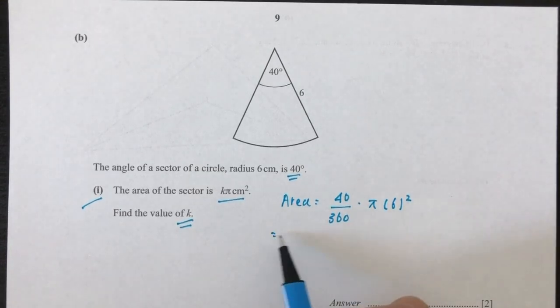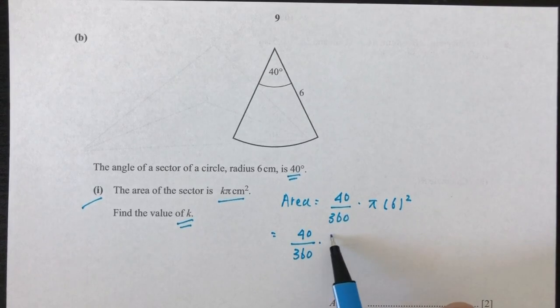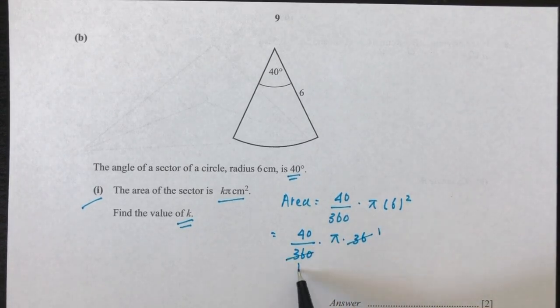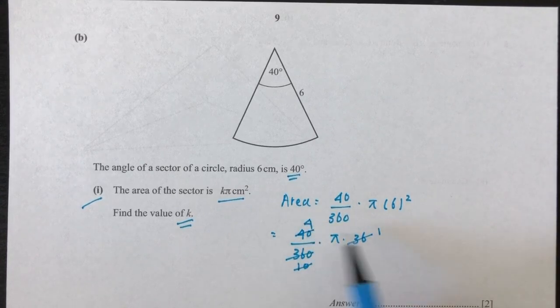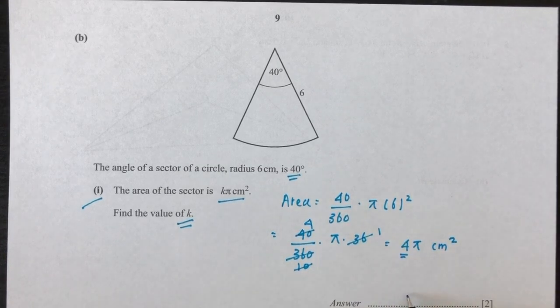Now you simplify, you will have 40 over 360 times pi times 36. 36 divided by 36 is 1, 360 divided by 40 gives... that becomes 10, that becomes 4. So your answer is 4 pi centimeter square. So the value of k will be 4.